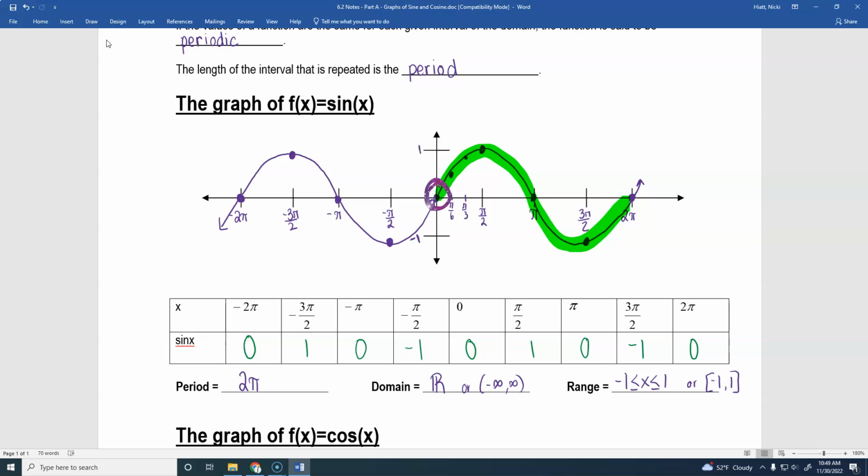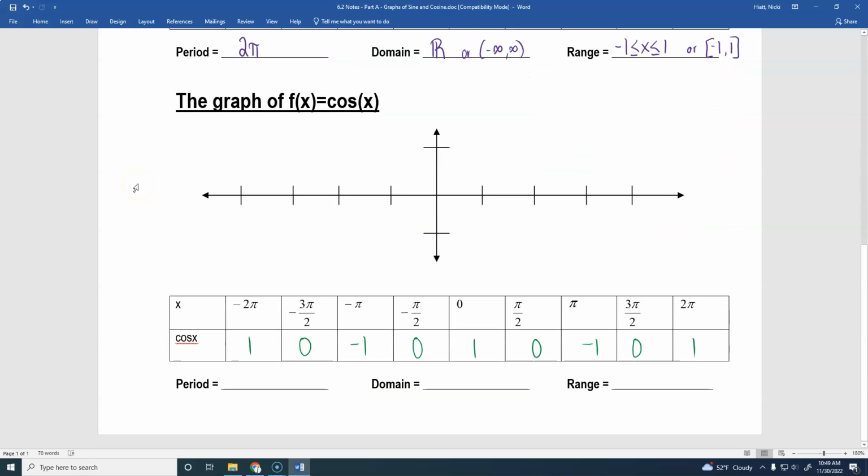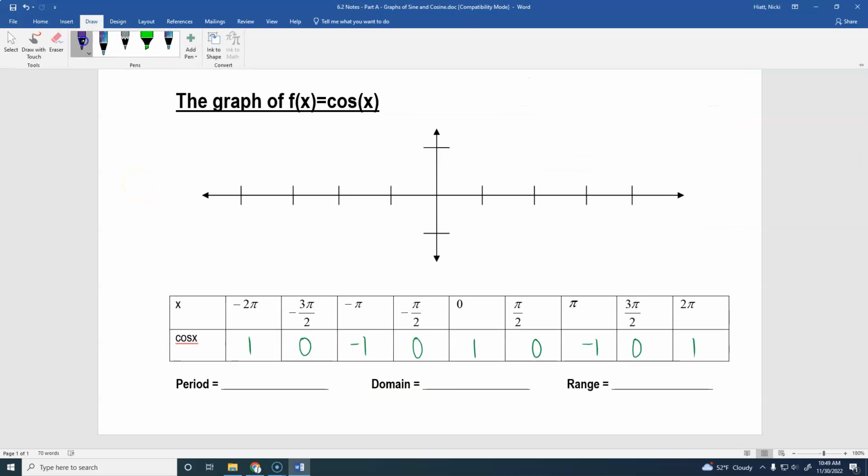Some of you have already graphed cosine. It doesn't look much different, does it? It looks a lot the same. So, when we graph cosine, you should, in this chart here, have 1, 0, -1, 0, 1. So you can see the pattern is very similar.